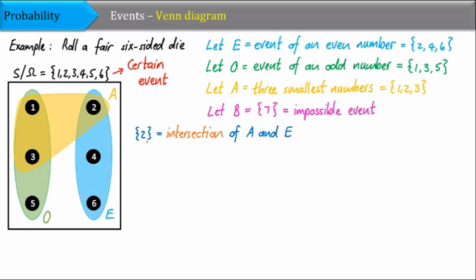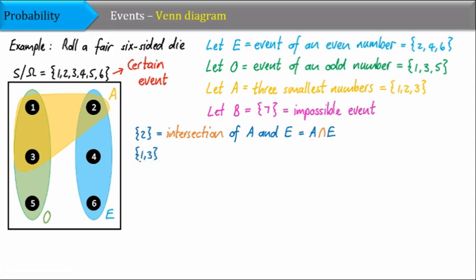So we say that 2 is the intersection of A and E, and we denote it by this upside down U, or this arch. That denotes an intersection, which simply means the elements that are shared between the two events joined by that intersection sign.